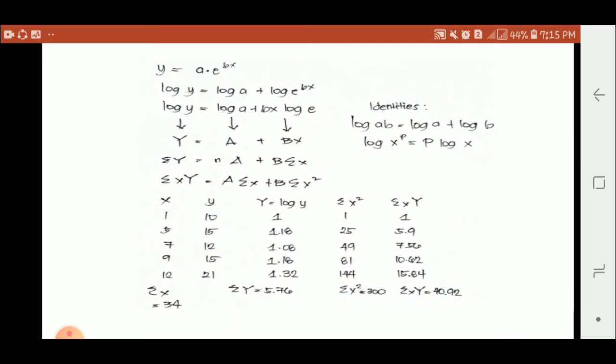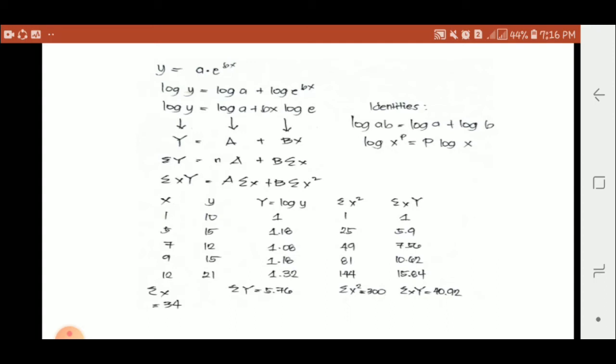Afterwards, you need to find the summation of x squared: the square of 1 is 1, the square of 5 is 25, the square of 7 is 49, the square of 9 is 81, and the square of 12 is 144. Then the summation of xy: first solve the xy, multiplying x by the big letter Y, which is log y.